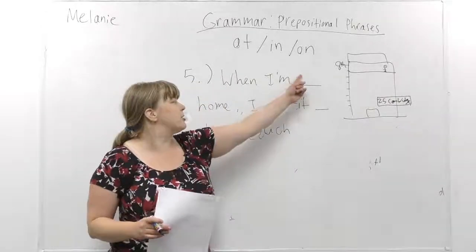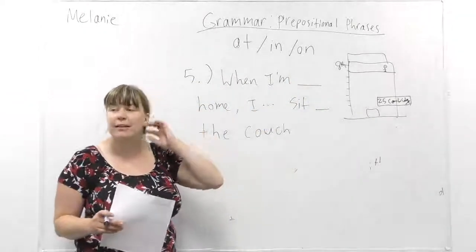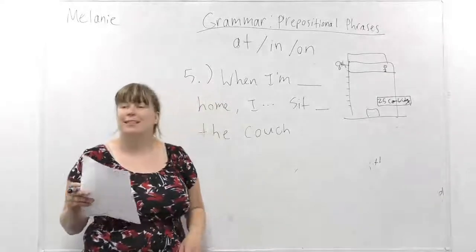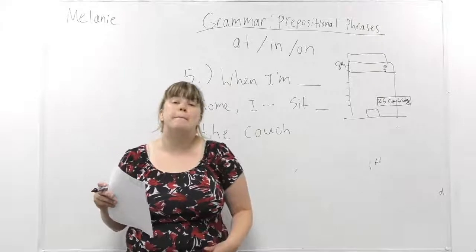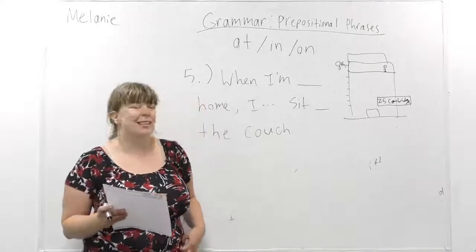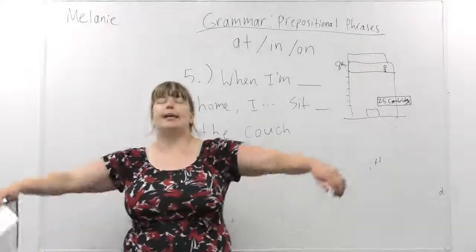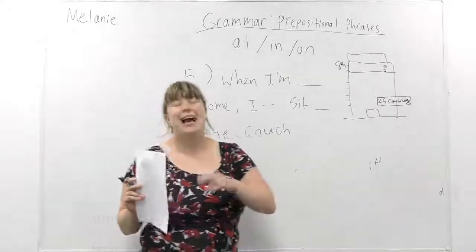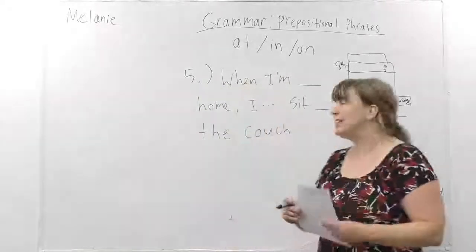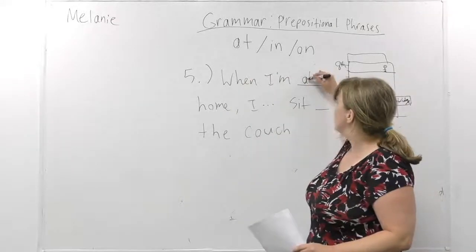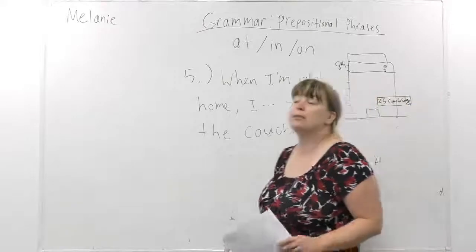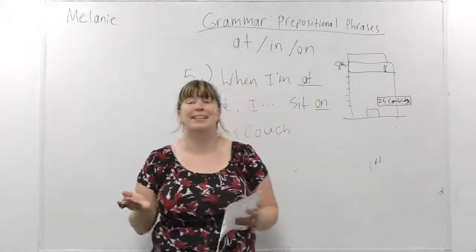So what prepositions are we going to use here? So home is a bit of a special one. When I'm home, I like to sit the couch. Okay, we have at home, very good. When I'm at home, I like to sit on the couch and read a book.